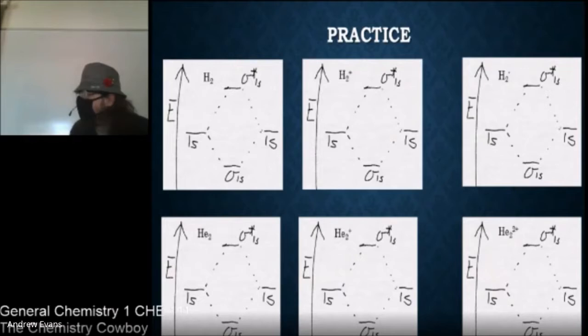We put the electrons into the bonding orbitals first, then filled in the anti-bonding orbitals. And the bonding orbitals and anti-bonding orbitals canceled out based on how many electrons were in each one. From there, we could determine essentially what the bond order was, or what type of bonds are present.